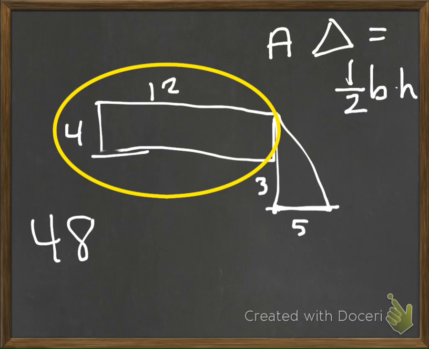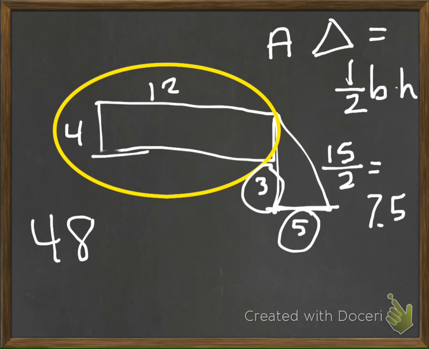Then we need to find our area of our triangle. So we're going to do base times height, that's 15, and then times half, which actually means divided by 2. So our area of that triangle is 7.5. Then we just add it to our area of our other triangle, and that'll give us our answer of 55.